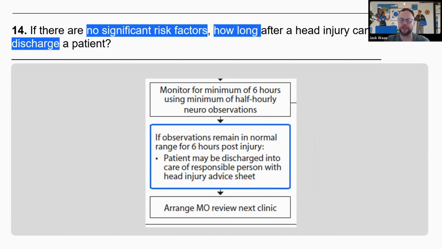The patient can be discharged after 6 hours if observations remain in the normal range. So with no other significant risk factors, they can be discharged after 6 hours. Our answer is 6 hours.